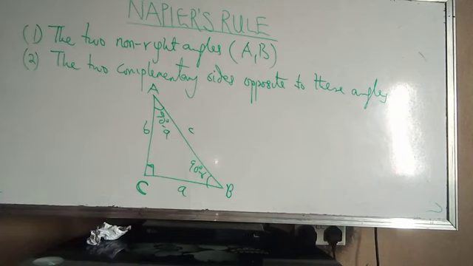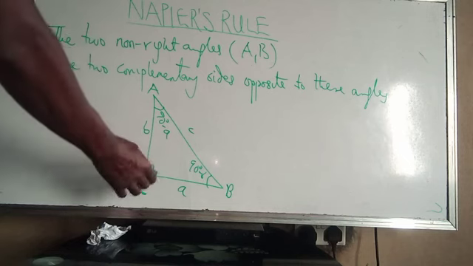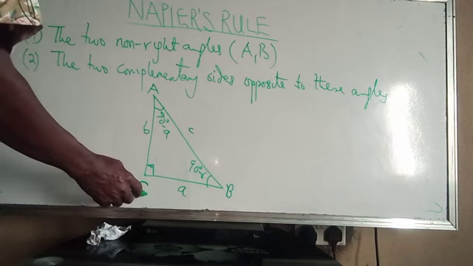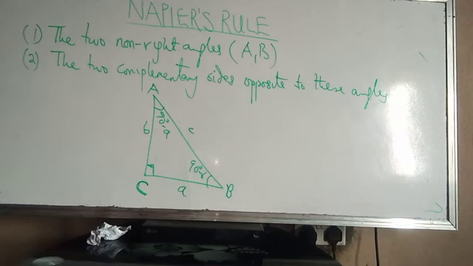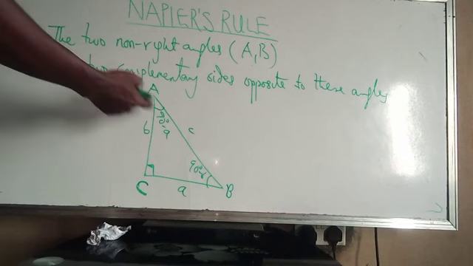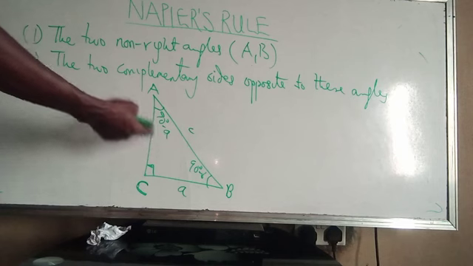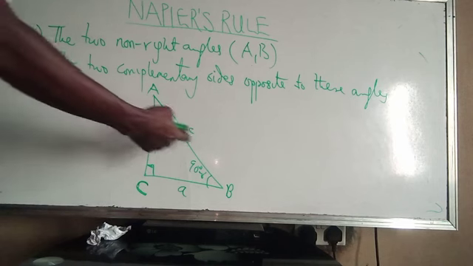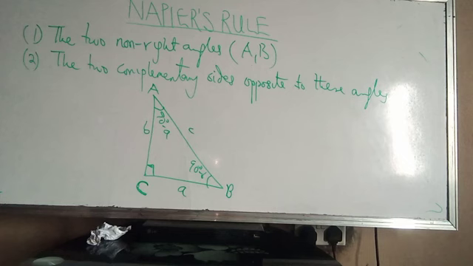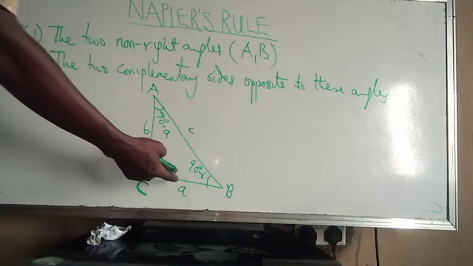Okay, so in a spherical right angle triangle, we have the constant angle here, which is C. That's why we call it right angle. But the sphericity of the triangle comes into play when you consider the sides, the complementary sides. Now, there are two complementary sides here. This is a complementary side.